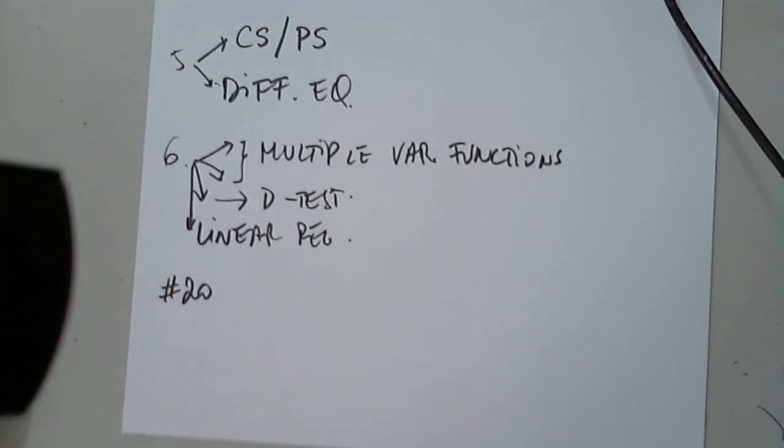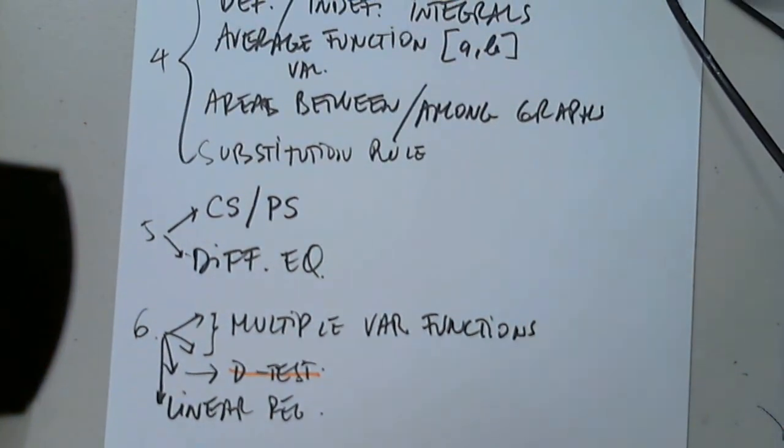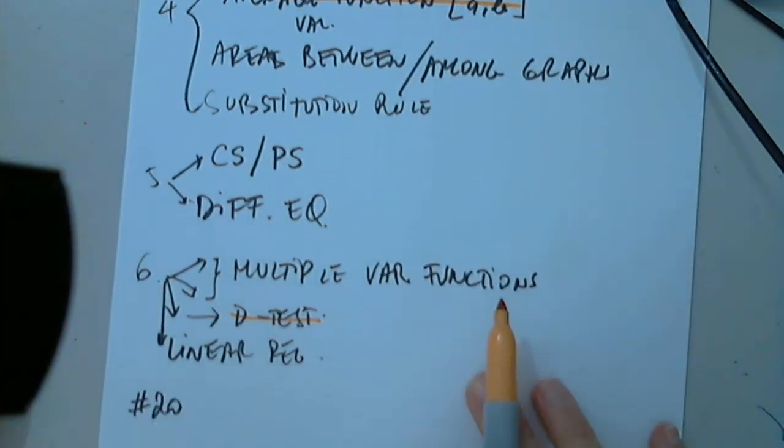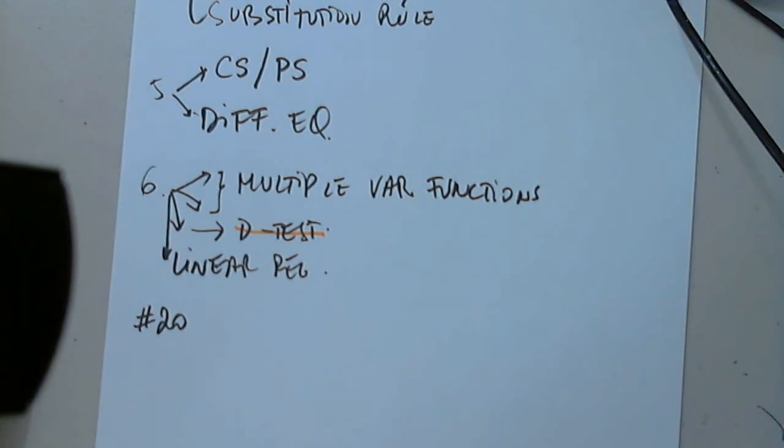Okay, so we can say that we did talk about the d-test. Anything else you would like to go back to? Any of the problems? Can we do the average function in chapter 4? Yes. Very good. So let's take a look.